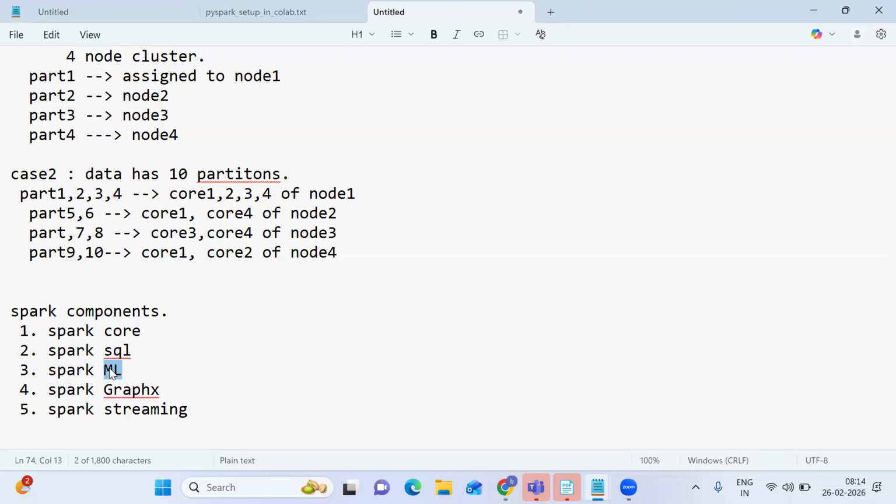Understand? Image. To process the images, we need neural networks. Okay. Spark ML supports neural networks and deep neural networks. Got it. That means with help of Spark ML, all unstructured part can be done. Okay. With the Spark SQL, all structured data and semi-structured data can be. Understand? And graph data.